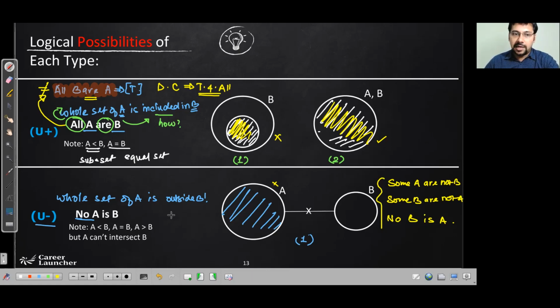So just keep in mind that the trio we have from our universal negative is: no B is A, some A are not B, and some B are not A. I hope you have ingrained these. If you have not, just pause the video and try to envisage it. This is not difficult. Probably your mind is learning it for the first time. It might find it obnoxious, but trust me, these are very simple. If you think about them logically, I'm sure you're going to understand them very clearly.